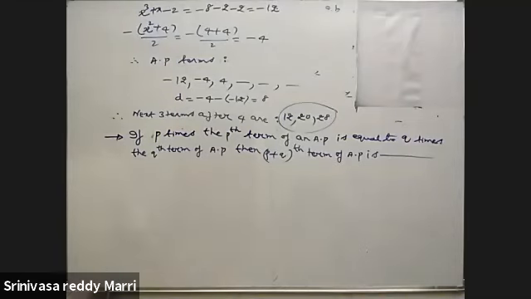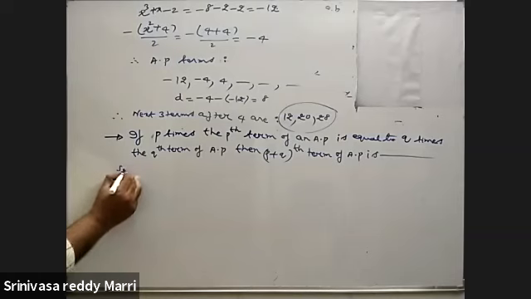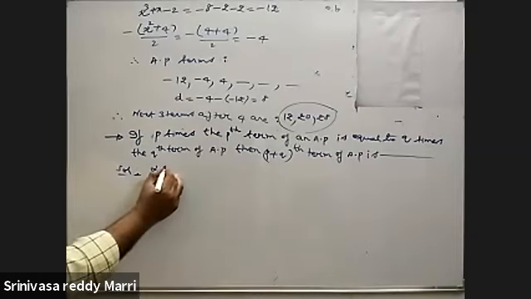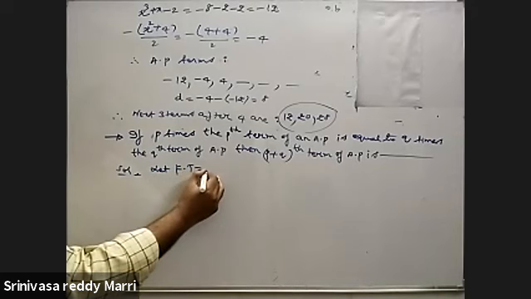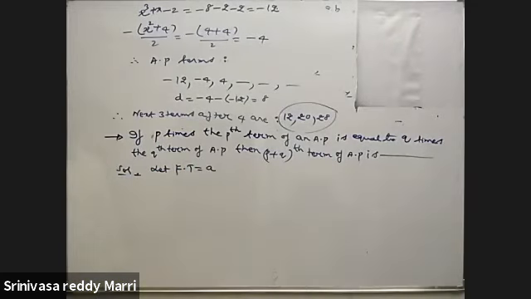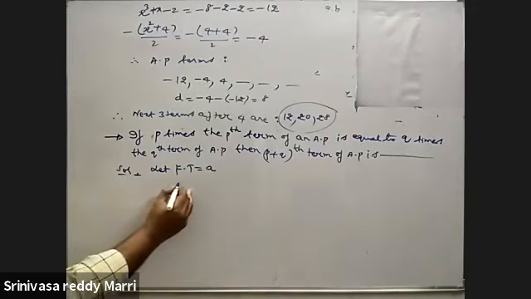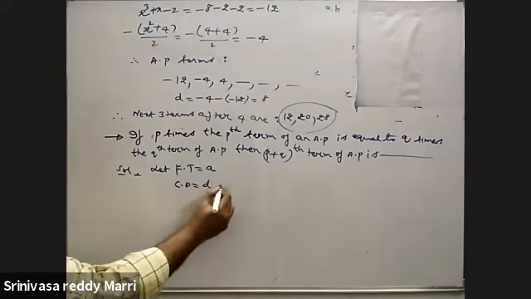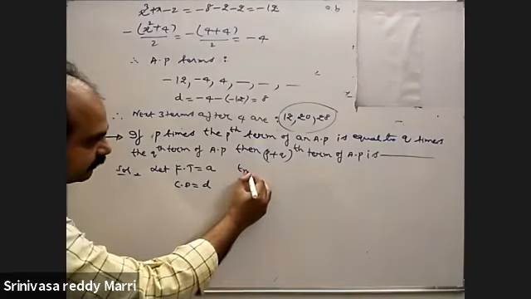Now for this type of problem, let us always assume the first term equal to A and the common difference equal to D. Write the nth term.